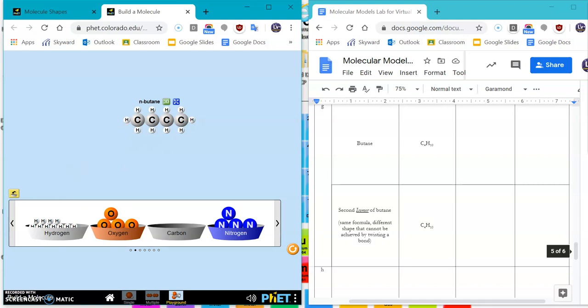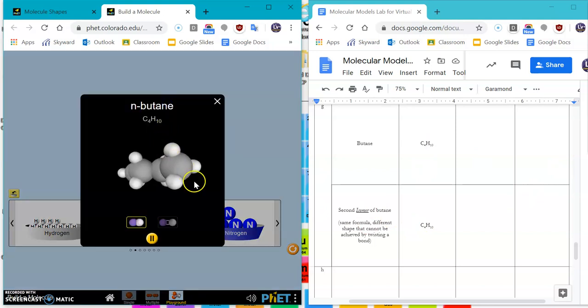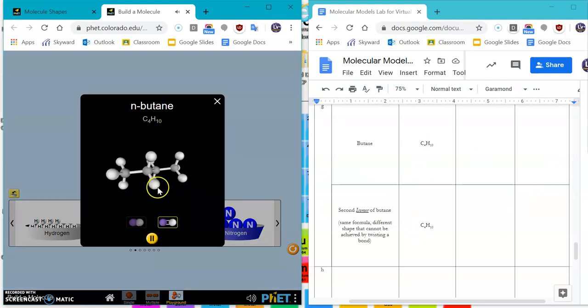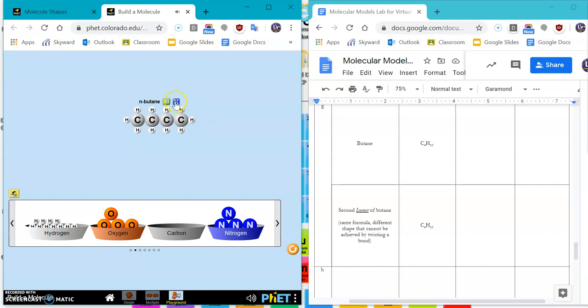And then see if you can figure out another way to build this. Okay, this is the first way. All right, where it has this little chain that goes like this little zigzaggy business. So then break it apart and see if you can build it another way. And since hydrogen only makes 1 bond, take the carbon and bond it someplace else.